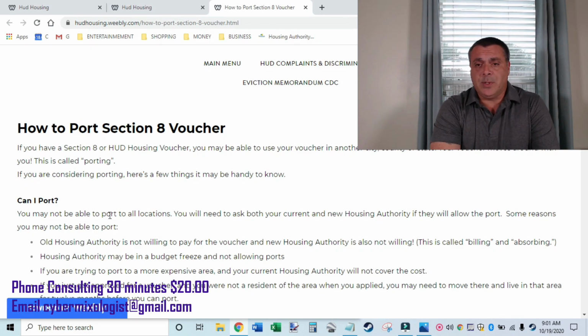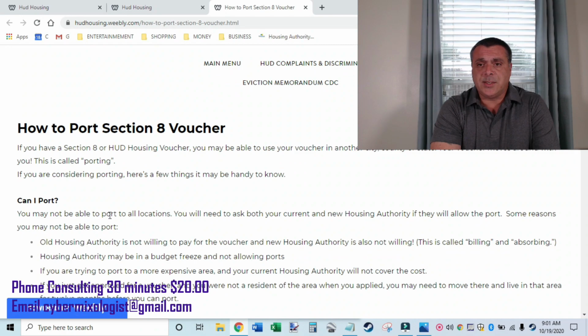Now, the second thing that would obviously need to happen is that you would need to contact the state, city, or county that you're intending on moving to, including tropical islands. Another thing we need to consider is the amount the voucher is for. If you live in LA County, the rent's very expensive.